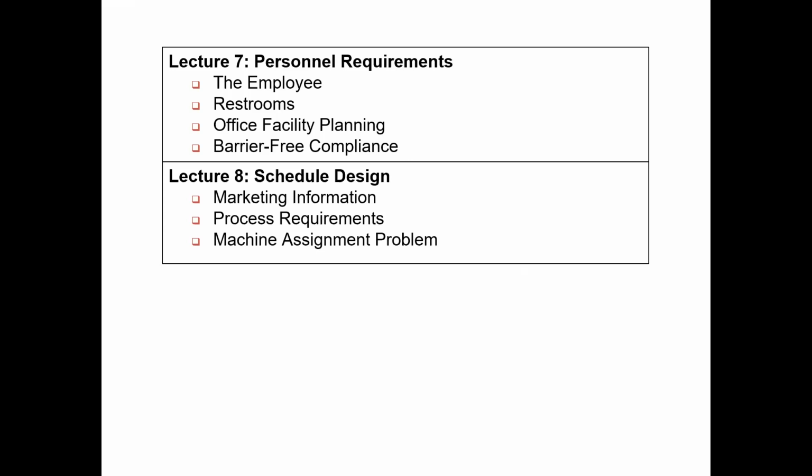Well, if you get a fractional value, like 4 point something machines, you should always round up to the next number. So if you get 4.3, 4.5, or 4.1, you should always round up to the next machine. That will be 5 in your case.